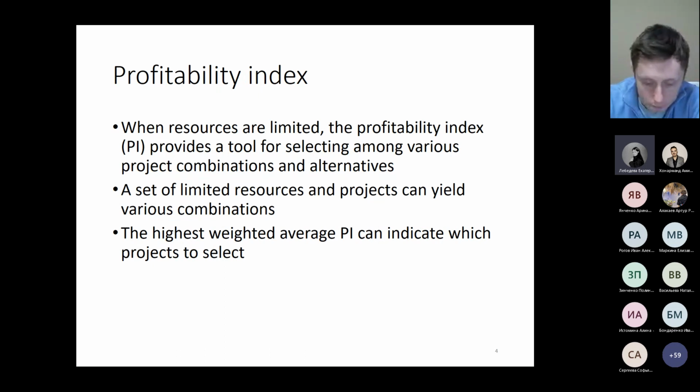The setting that we consider here is that we have some money to invest and we have multiple investment projects to compare, or also we can implement multiple projects if we fit into our budget constraint. And in order to compare them, we need to use some estimation.